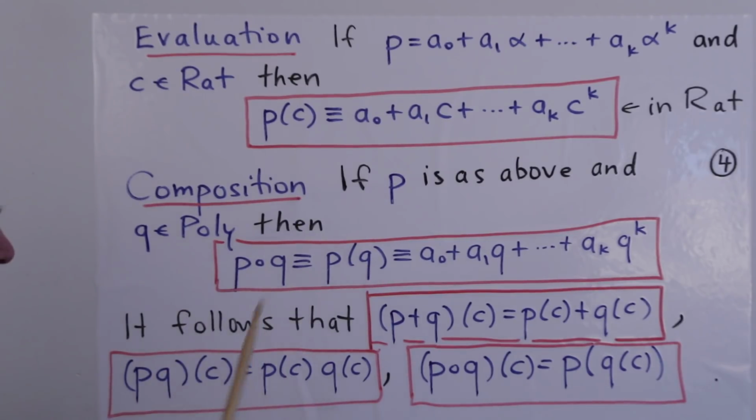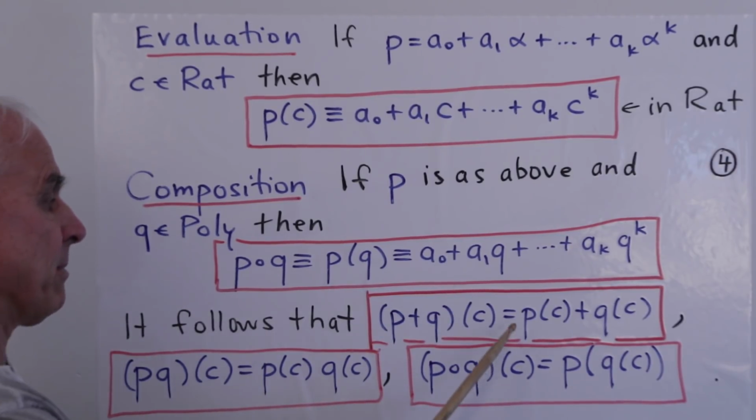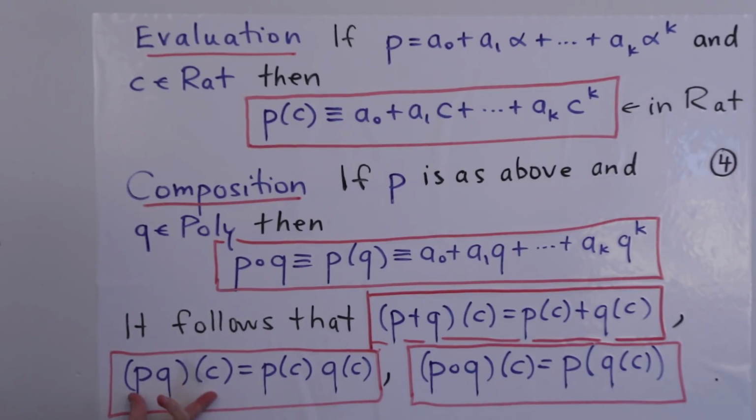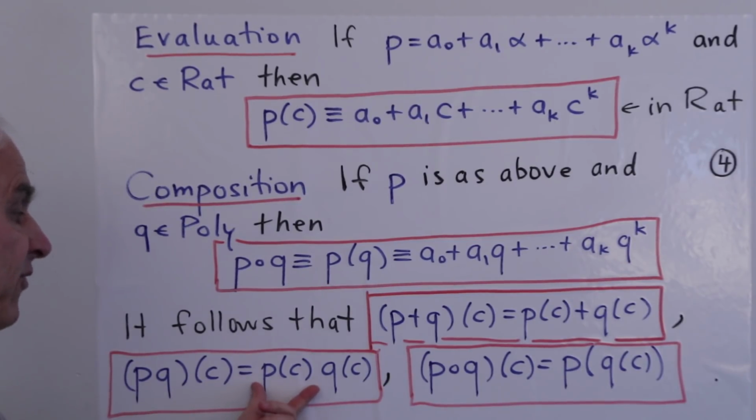Okay, so there are various properties that are satisfied with the arithmetic. For example, the sum of two polynumbers p plus q, if we evaluate that at a number c, that's the same as p of c plus q of c. If we evaluate the product p times q at c, then we get the product of p of c times q of c.